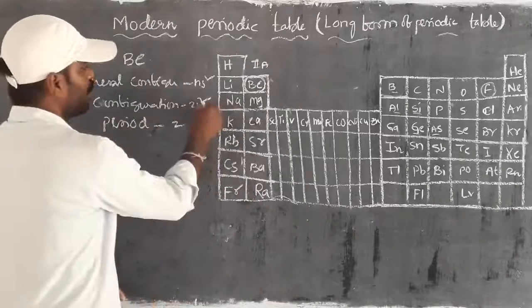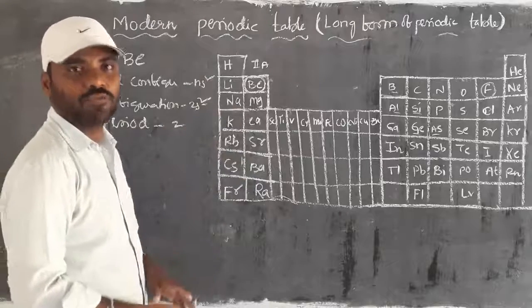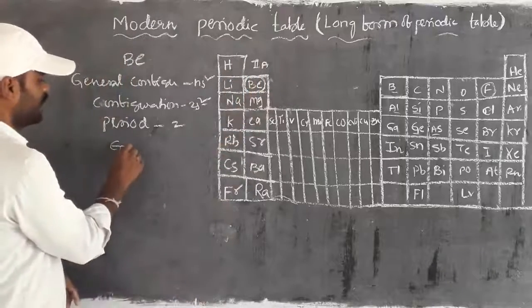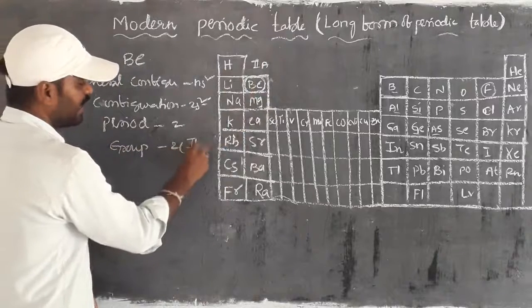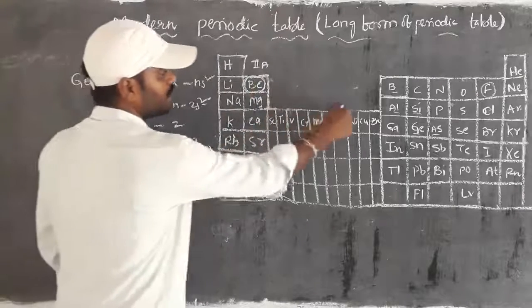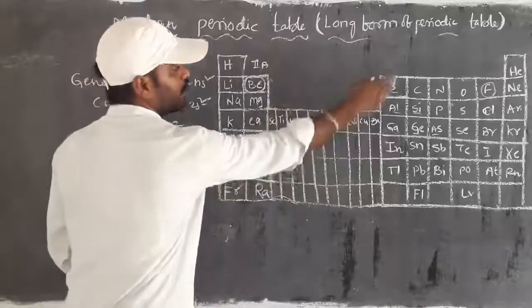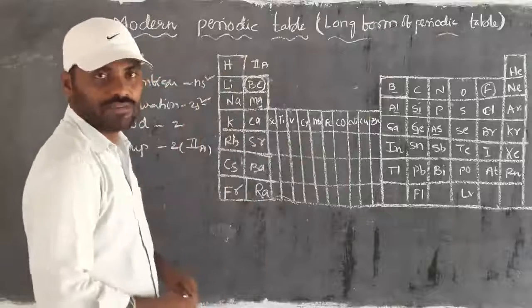Then which group? The number of outermost electrons we simply call the group number. Here first group, this is the second group. For that, it is group 2 or second A, because this one we call B. Third B, fourth B, fifth B, sixth B, like that we can discuss in the explanation of the periodic table.